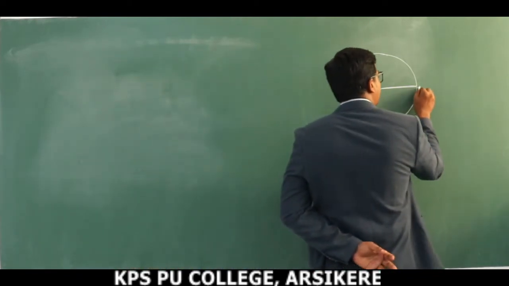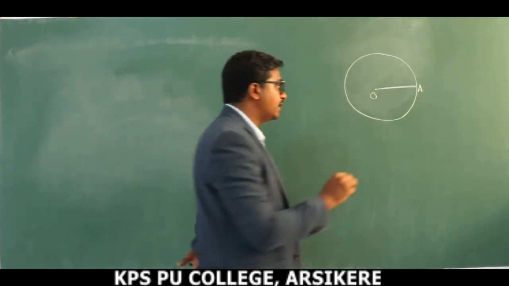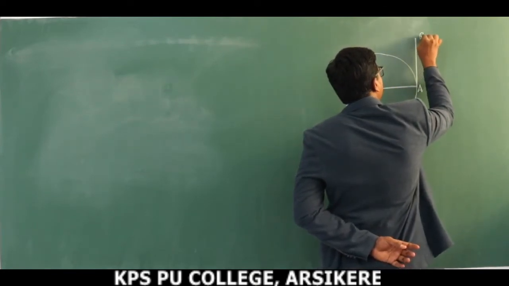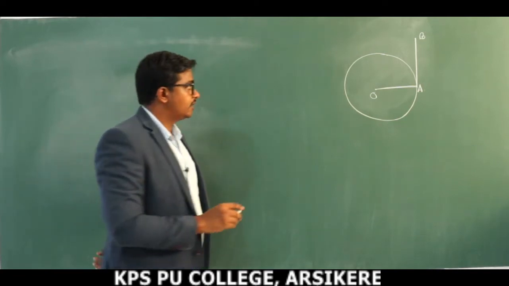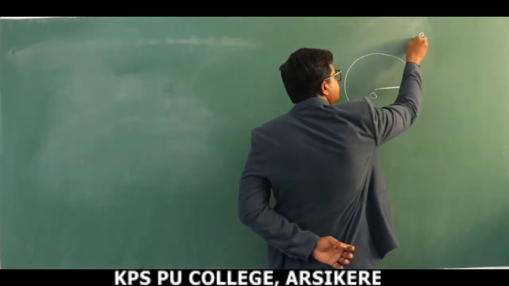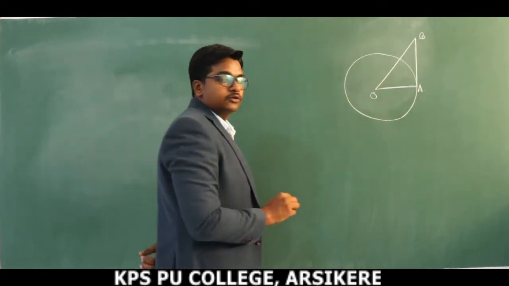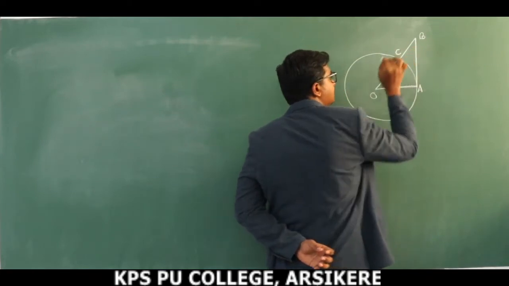Take the point as A. Now I will take the line segment AB, with the point B perpendicular to OA, and join AB. The point of intersection of this line segment with the circle is the point C.